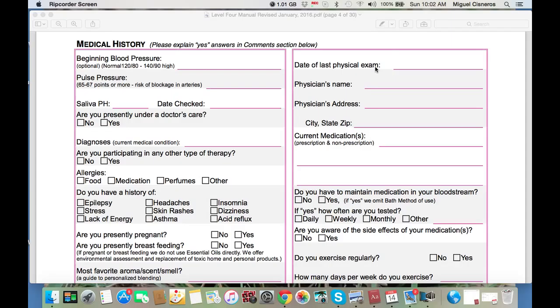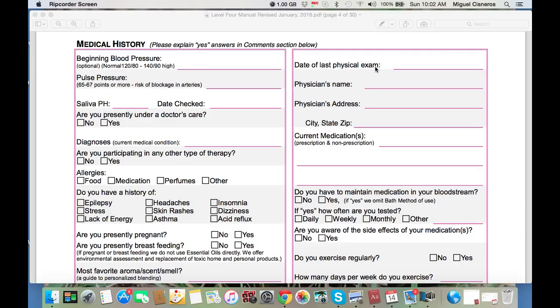Remember, we're the checkpoint for healthcare. But if they had a physical exam, we want to have their date on record, physician's name, physician address. This is optional. Current medication is important. Prescription and non-prescription. Many don't think that non-prescription medication is a drug. It is a drug.